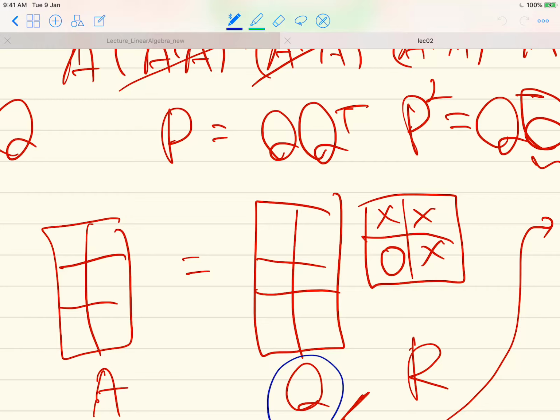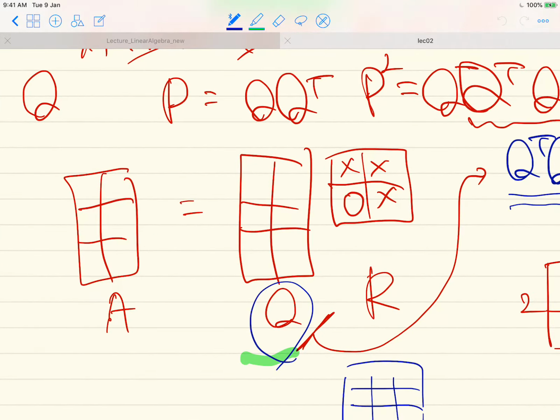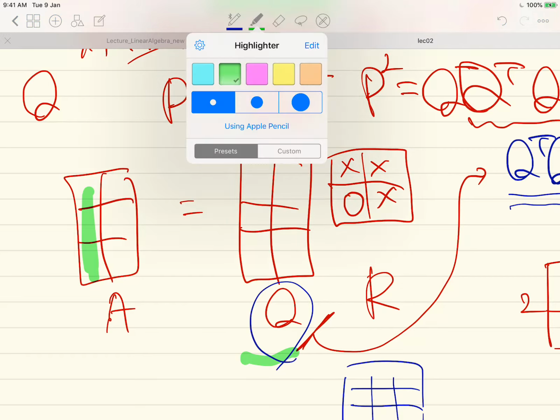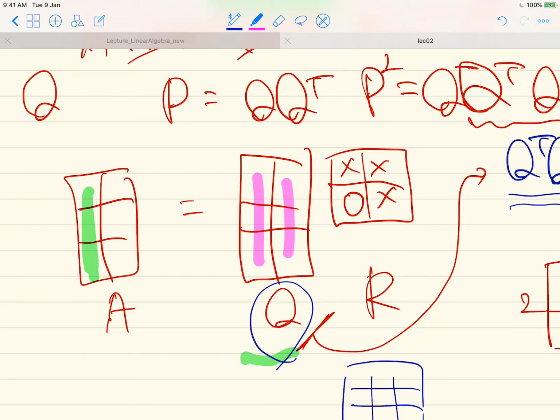But here, the point is, what about R? Is R invertible or not? So if we have two columns, let's briefly discuss the interpretation of this QR decomposition. Once we obtain this QR decomposition through the Gram-Schmidt process, it can be understood like this. We have the first column in A, and we want to reconstruct that first column as a linear combination of these two columns by using the linear combination coefficients, right?